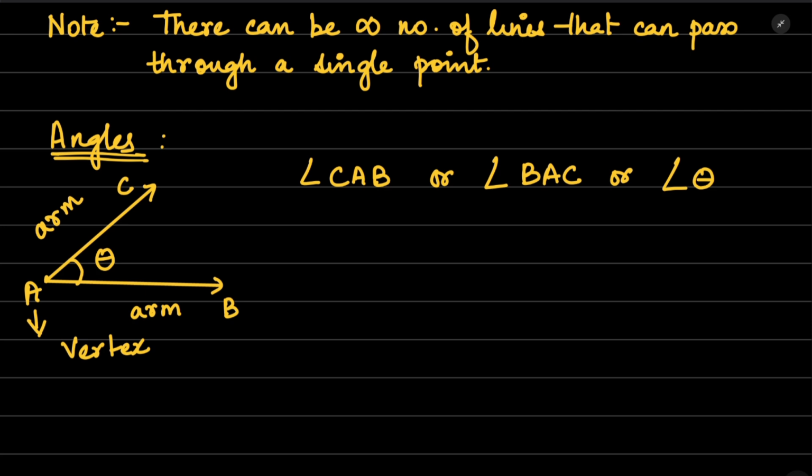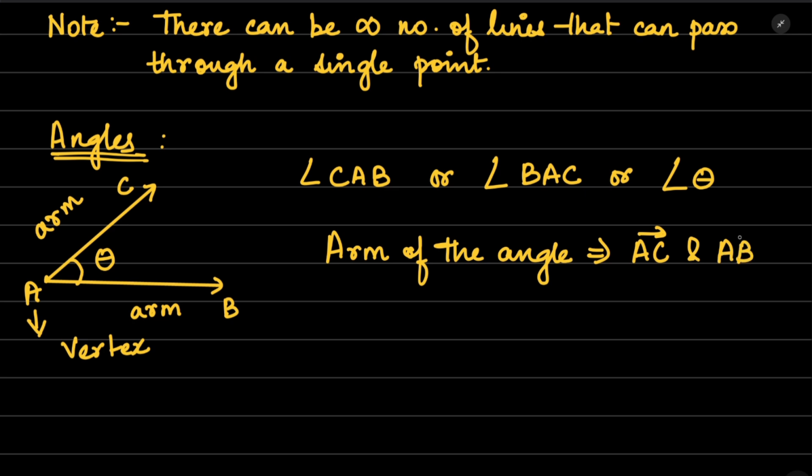The rays that make an angle are called the arms of the angle, and the end point is called the vertex of an angle. So there are two terms here. What do you mean by arms of an angle? Arms of the angle are nothing but your ray AC and the ray AB.